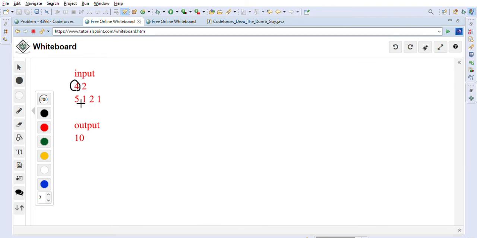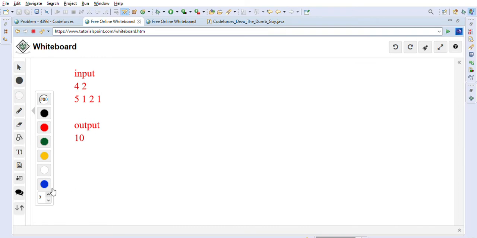These are the 4 subjects, 1 2 3 4, and these are the numbers of chapters in each subject: 5 chapters, 1 chapter in subject 2, 2 chapters in subject 3, and 1 chapter in subject 4. So this is given to us and we have to find the minimum time. Let's first understand what the problem means, and then we will solve it.